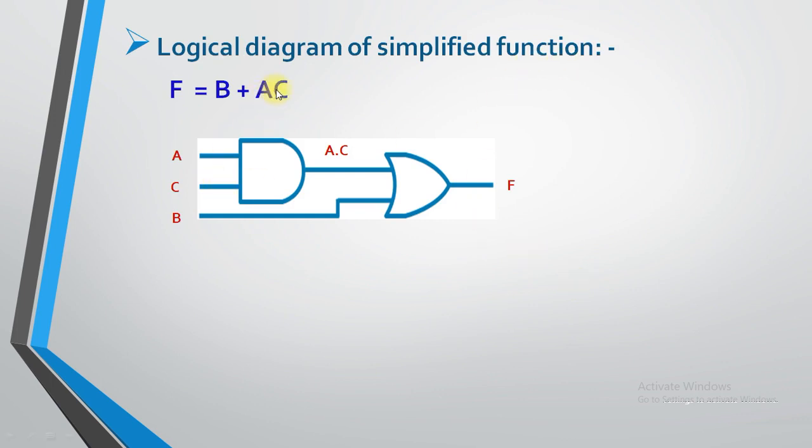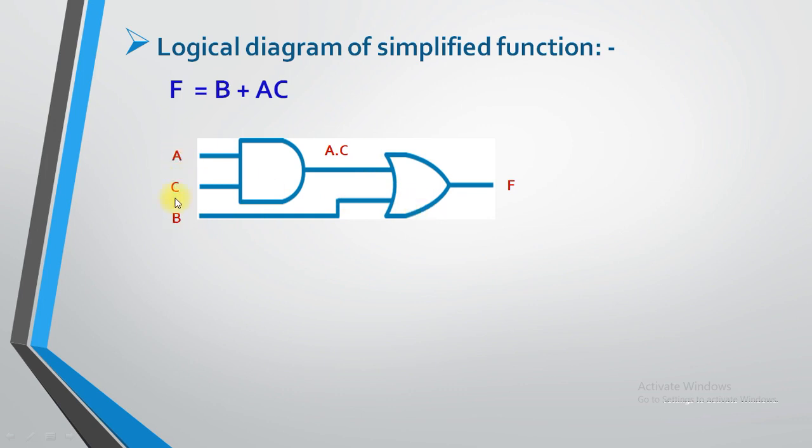A into C can be represented by an AND gate. So A and C are both the input variables of the AND gate, and the output is given to the plus. Plus means OR gate. So this is the first input, A into C, and the value of B goes directly.